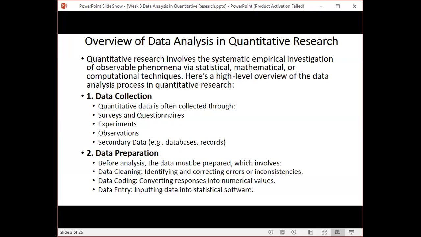After that, you prepare the data. If the data is primary, a lot of work has to go in because the data has to be coded, and first of all, cleaned. When we say cleaning, we are talking about any errors and inconsistencies that might happen in your data collection. Take a skip pattern: you ask, how old are you?